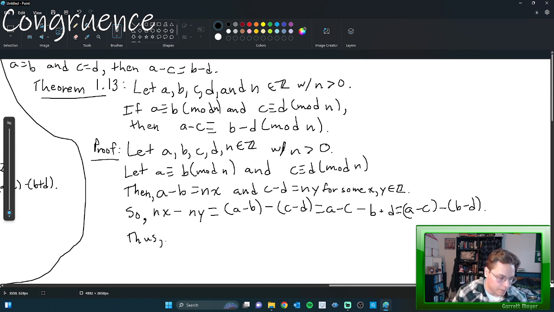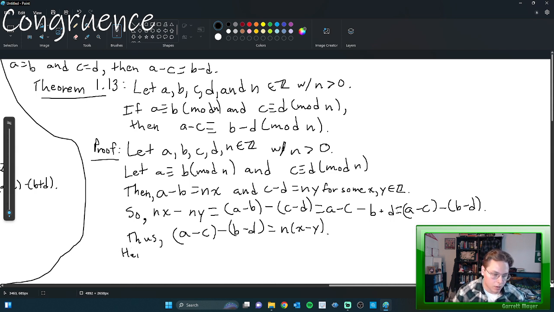thus A minus C minus B minus D is equal to nx minus y. So this difference between these two is equal to n times some integer.